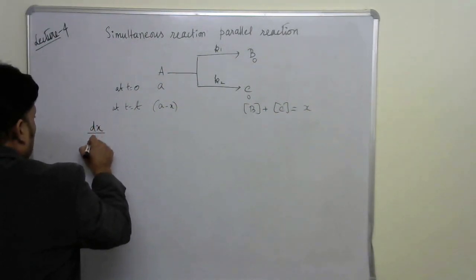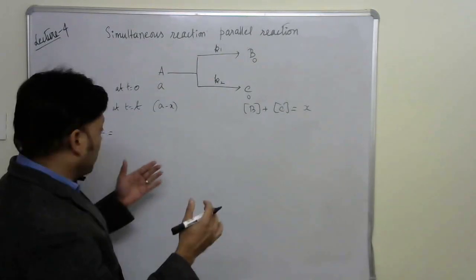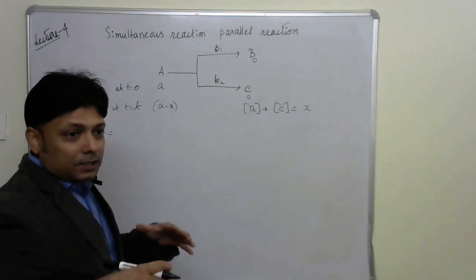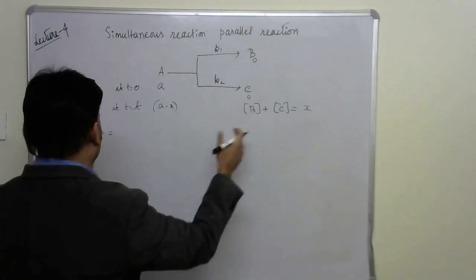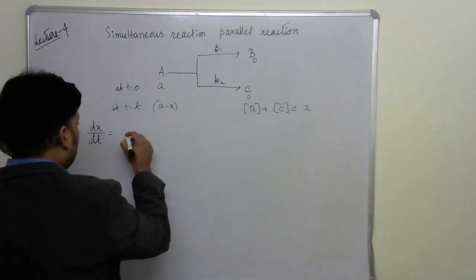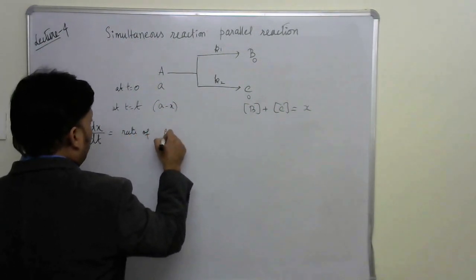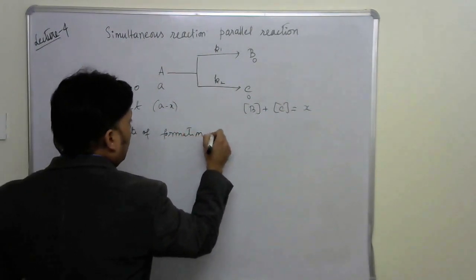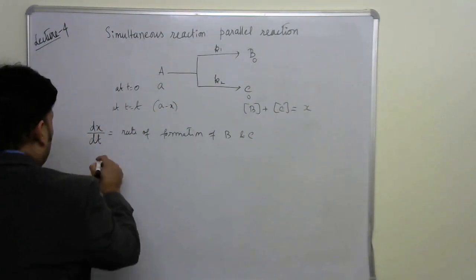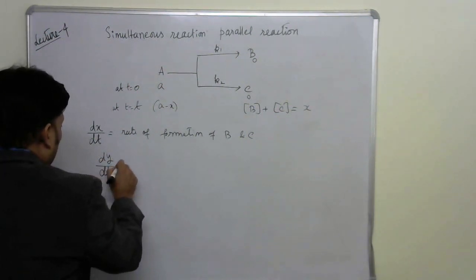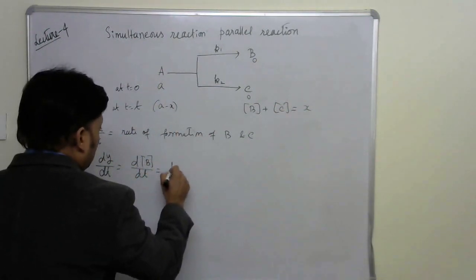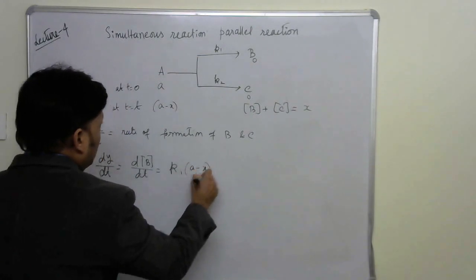So what we can write is dx/dt, that means the rate of appearance of the product, is the rate of formation of both B and C. Now individually, let's assume that dy/dt is the rate of formation of B, and it is equal to, of course, k1 multiplied by (a minus x) at any time.